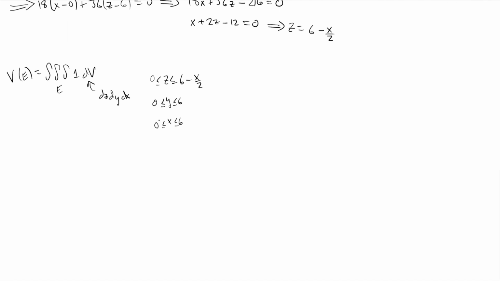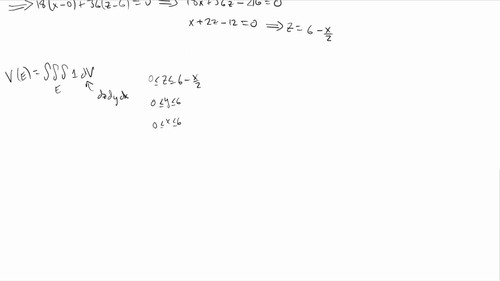And so you could have integrated, the order could have been dz dx dy. I'm just choosing dz dy dx in this case. Doesn't really matter for these two. But z has to come before we're integrating with respect to x, again because the upper limit of z is written in terms of x.